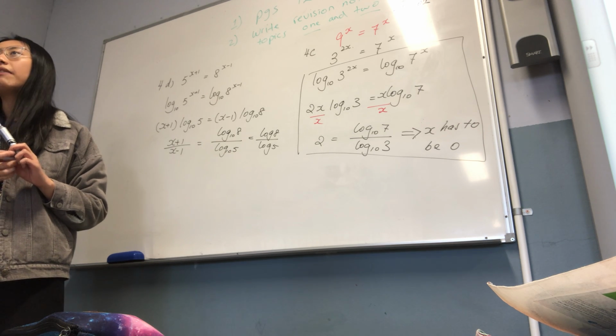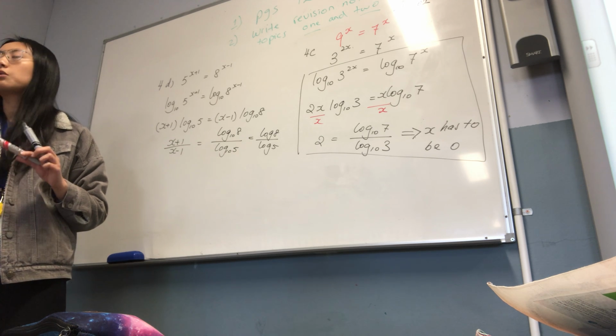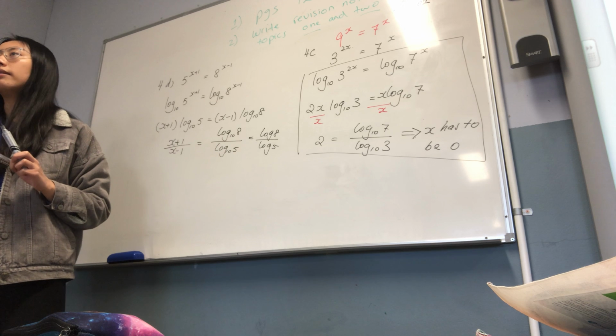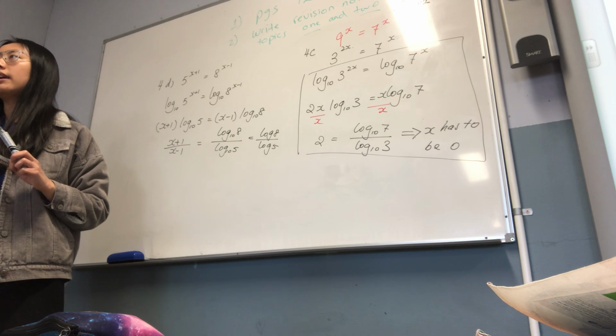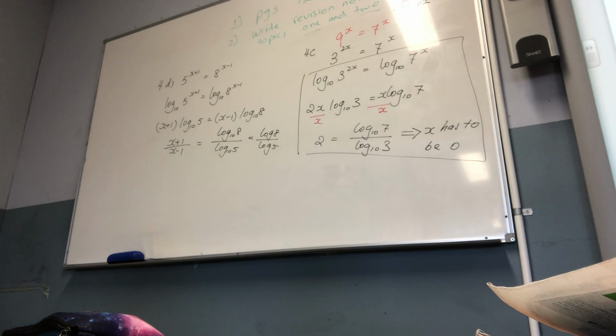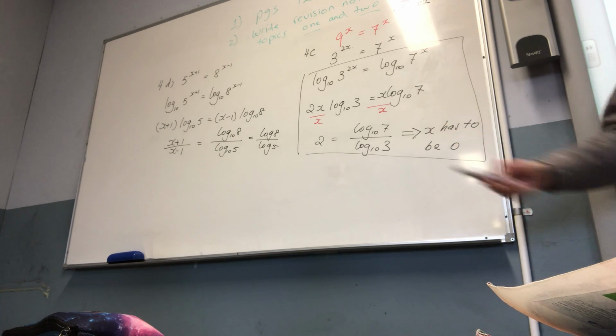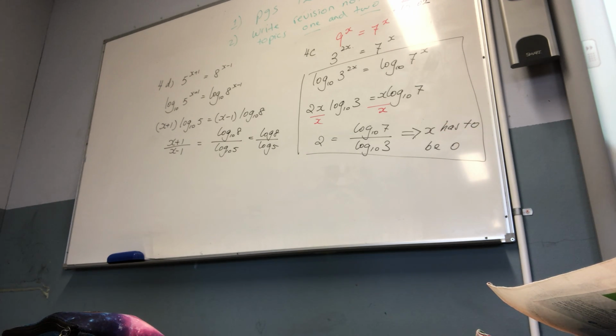It will never be valid unless x is equal to 0. So you have y equals 1. Right? That is the only possible case. So that will also give you x equals 0. But if you can't think of that off the bat, just do this working out and tell me, because the equation is not valid, x has to be 0.